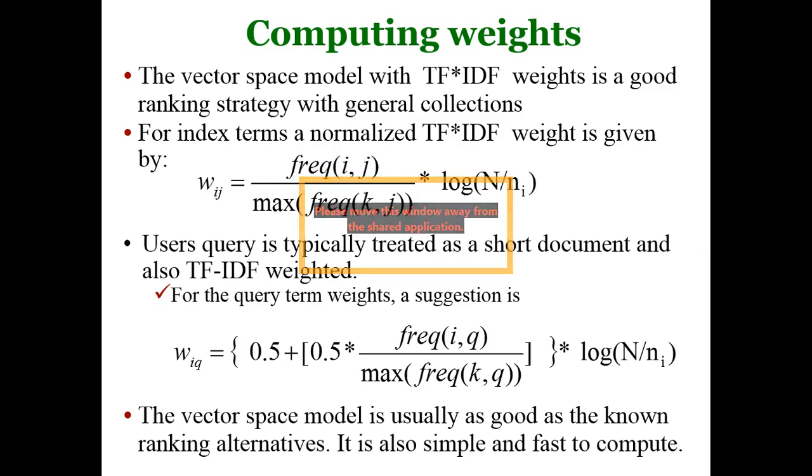So we are bringing the normalization between 0 and 1. That will avoid the bias of term frequency, which gives the highest importance to terms appearing in a huge document with a number of terms.